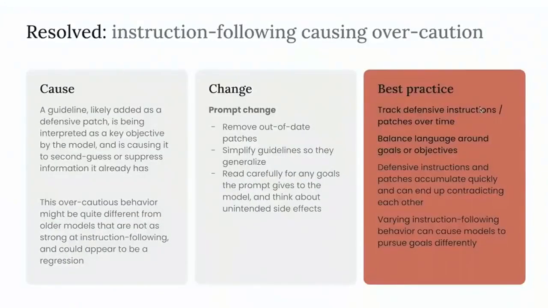Now, we saw here that this is likely a result of a patch that we introduced for a previous model, and a best practice that we could follow here is actually using version control, where wherever we are making defensive changes in the prompt, we are tracking the reason why we've introduced these. Sometimes they're necessary, but in the future, these kind of changes can produce unwanted effects so that we can backtrack on them.